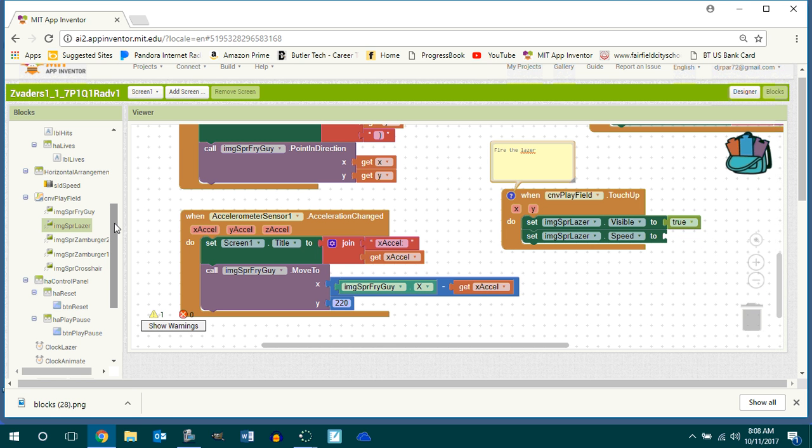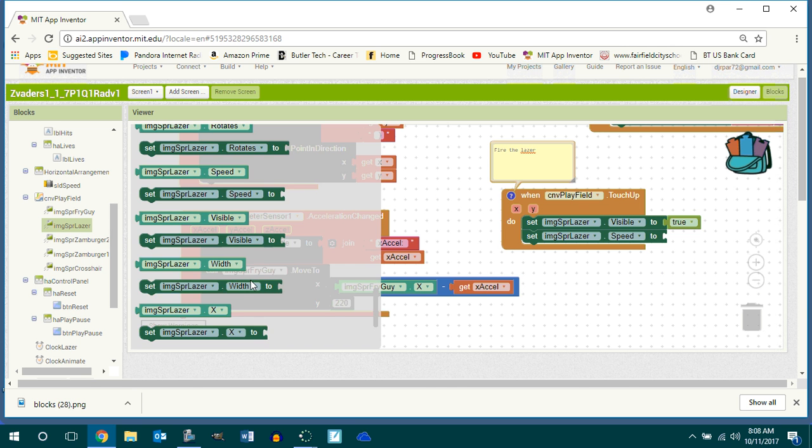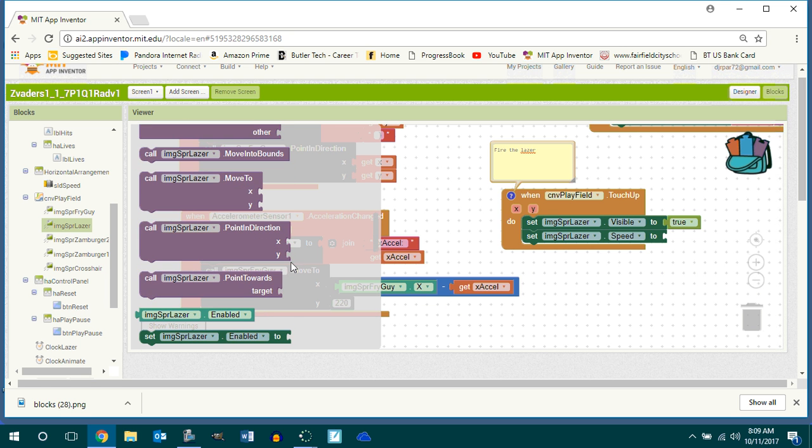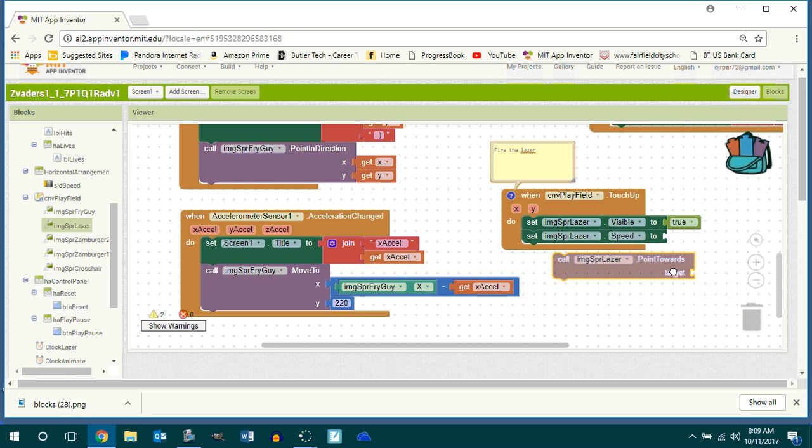Couldn't we do a heading to just like we did? So let's go to SPR laser. Point towards target. Okay, so I'm going to get this X. No. The target, I think, is going to be the crosshair.